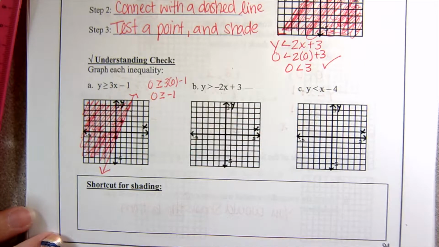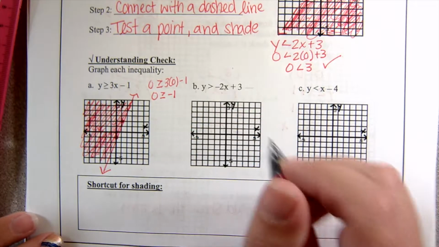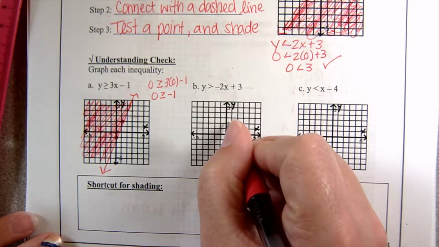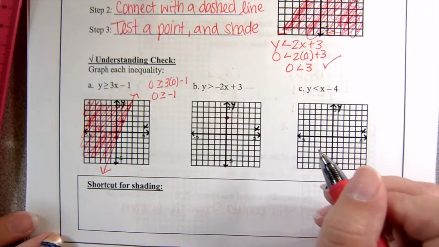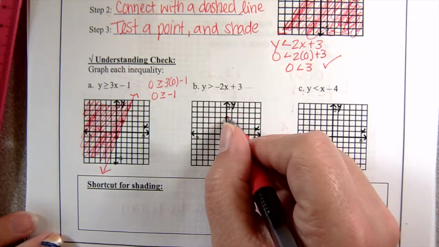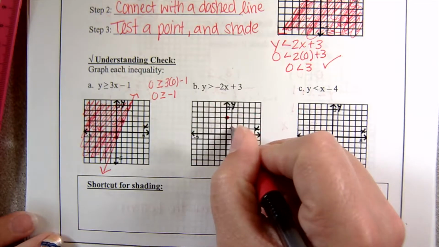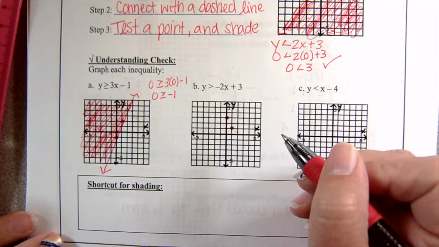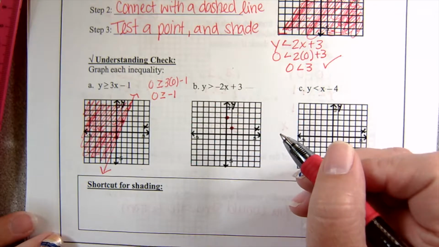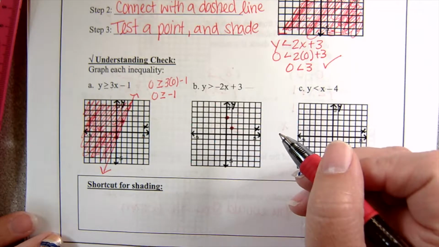B. What is the y-intercept? 3. What is the slope? Negative 2. So I go where? Down 2 over 1 to the right. You still go to the right. It's always to the right. The negative tells you to go down.